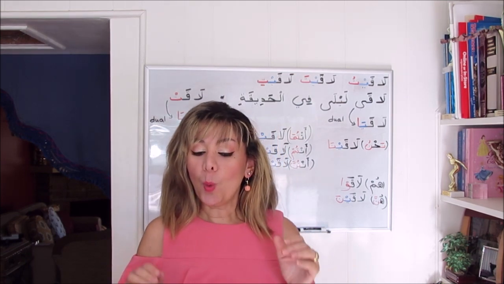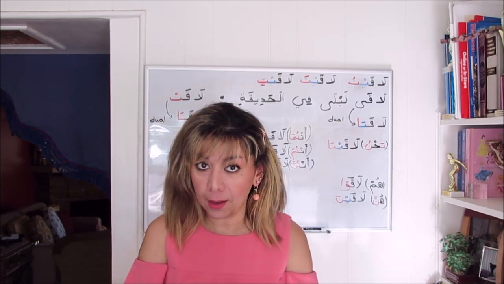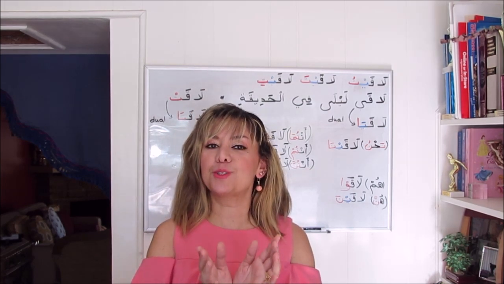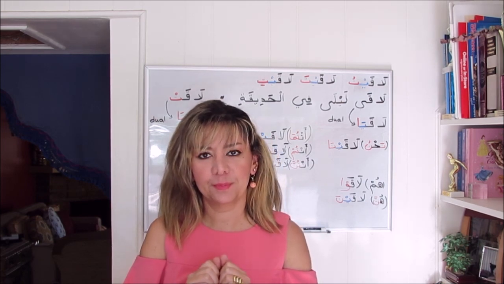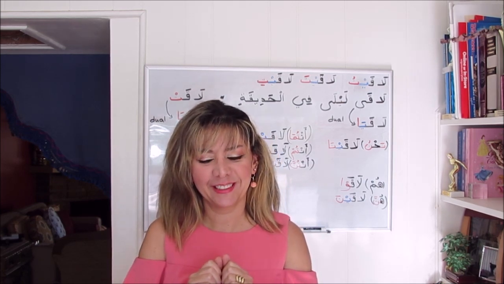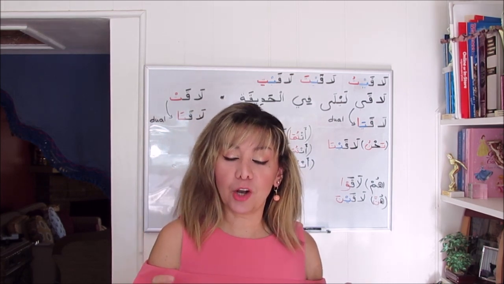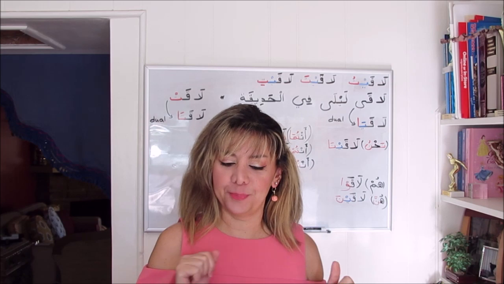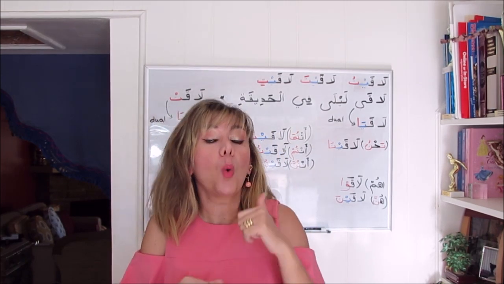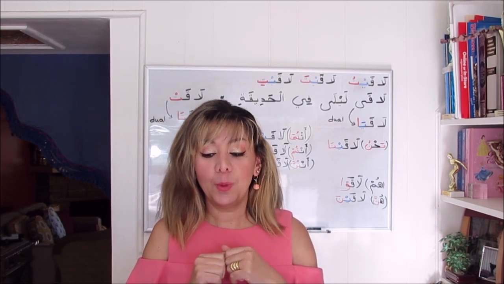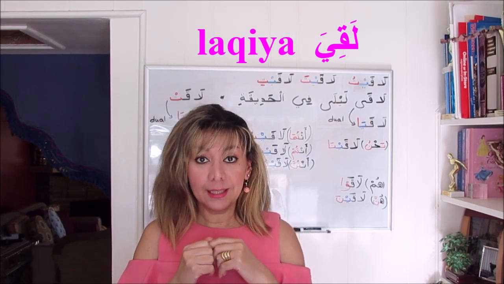So, what is the root of the verb laqa that corresponds to fa'ala, form 3? Good question. Since the verb ends with the weak consonants, the alif, you will have to examine its form 1, which is laqiya.